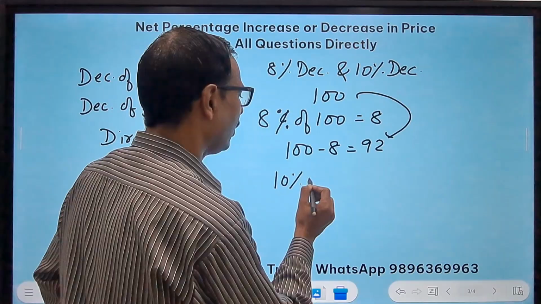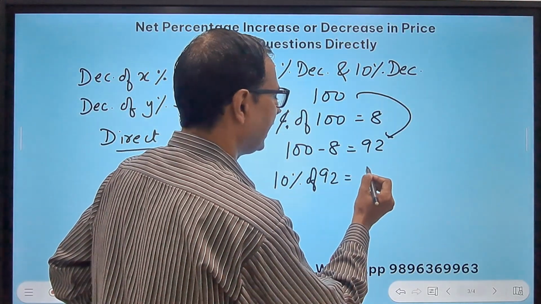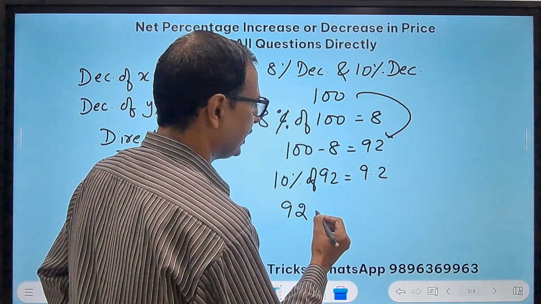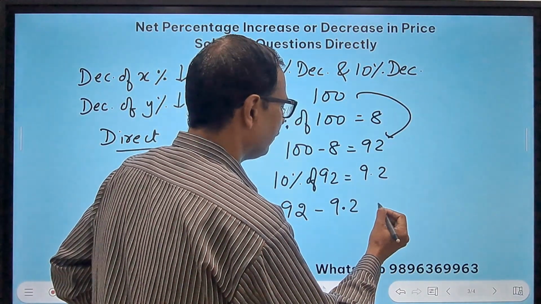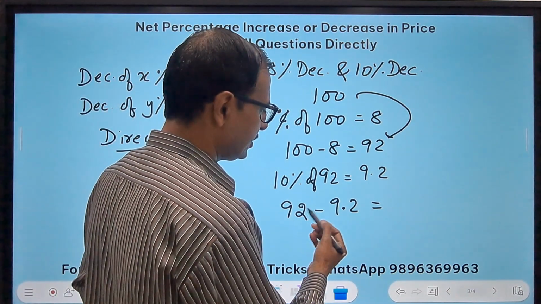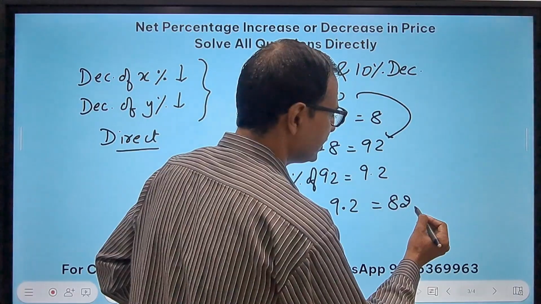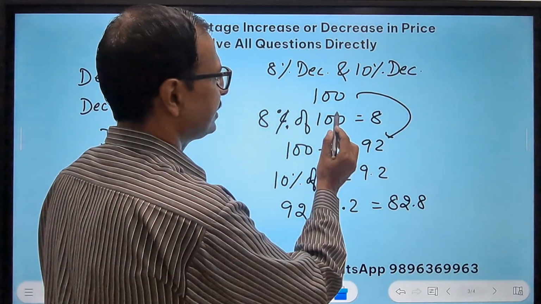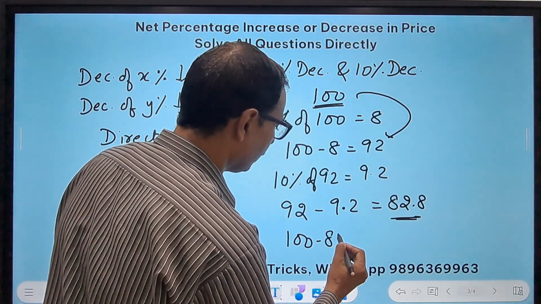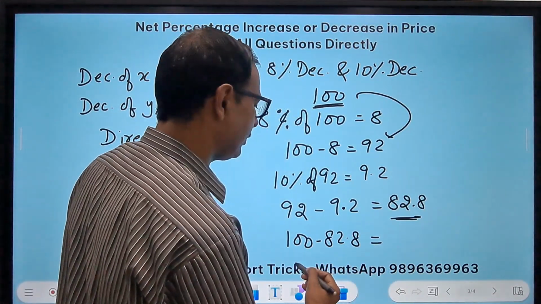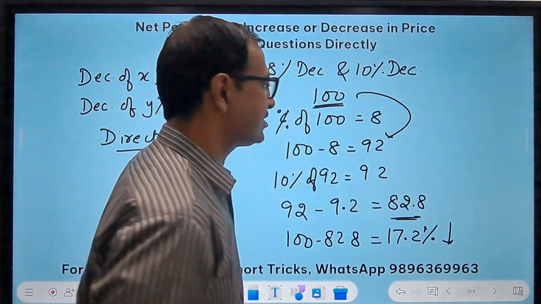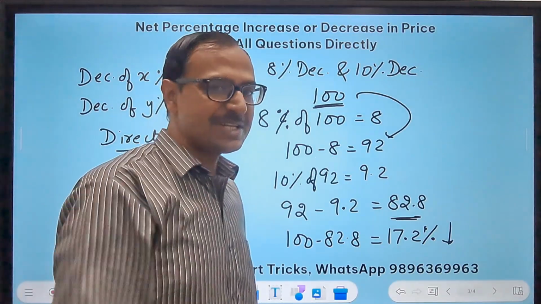So 10% of 92 is 9.2, and this is also a decrease, so 92 minus 9.2 will give me my price after the second variation, that is 82.8. So how much is the decrease? The overall decrease is 100 minus 82.8, and that comes out to be 17.2% decrease, right? So this is the answer for the question. This is the traditional approach.